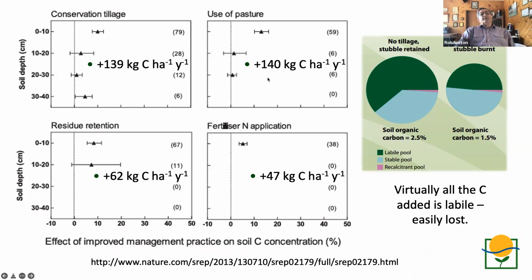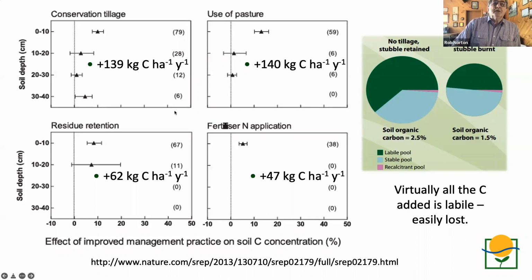Pasture 140, residue retention about 60, and 40 to 50 from nitrogen. These figures aren't necessarily additive, so you can't just add conservation tillage, residue retention, and fertiliser application and get 250 kilograms. They're not necessarily additive; they're complementary.